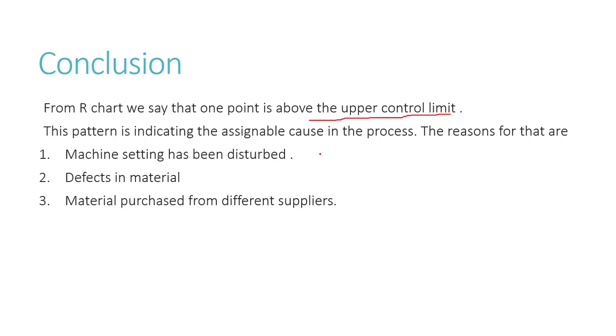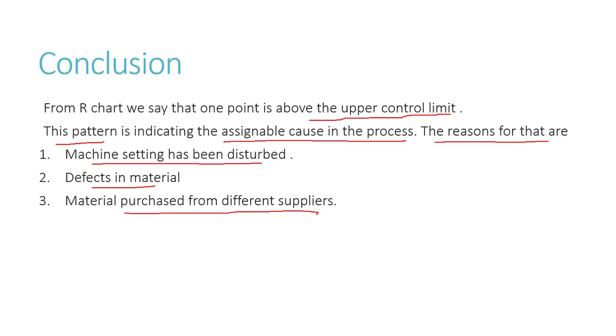So this pattern or shape of the chart indicates that there must be some assignable cause in the process that we have followed to produce several products. A reason for that may be that the machine setting may be disturbed, there may be a defect in the material, or we may have purchased material from a different supplier.